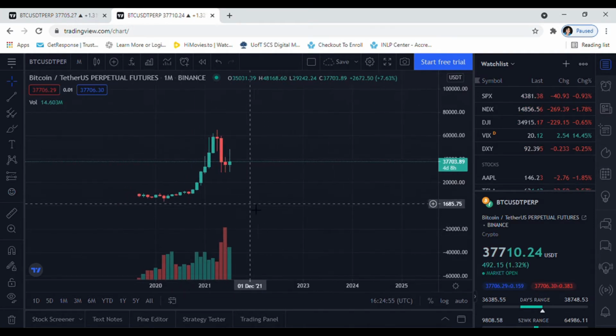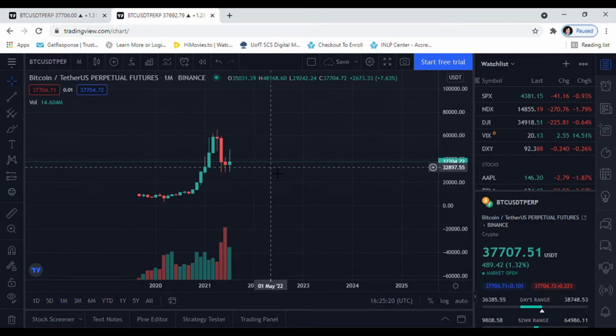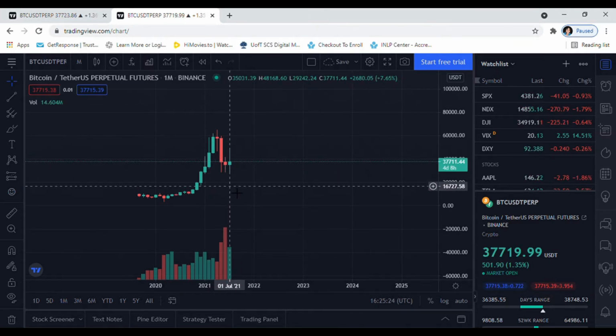Basically, when a candle first opens, if it opened at a low price, like this candle that I'm holding right here for July 1st, 2021, and then it closes at a higher price, that candle is going to be green.